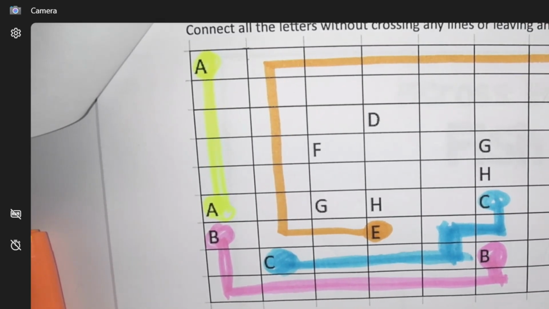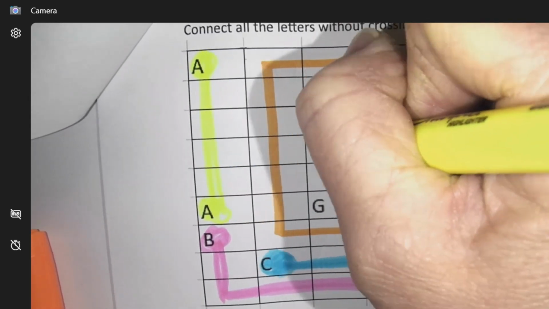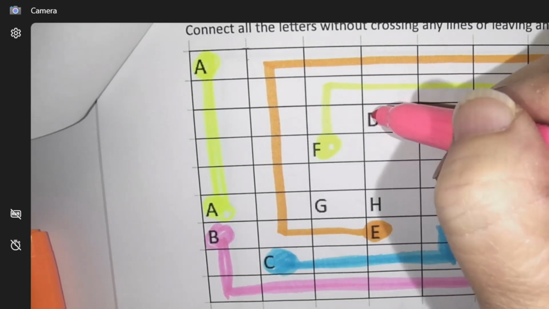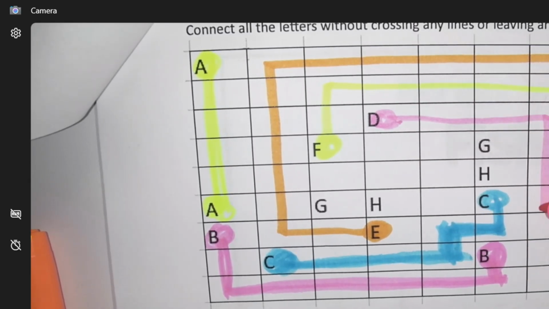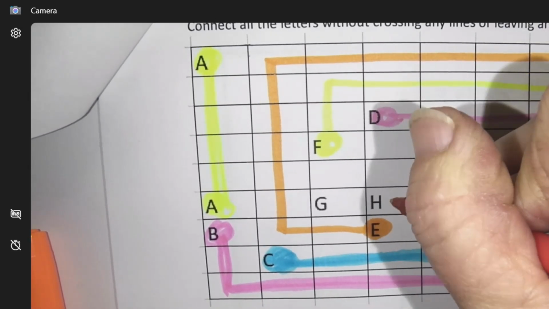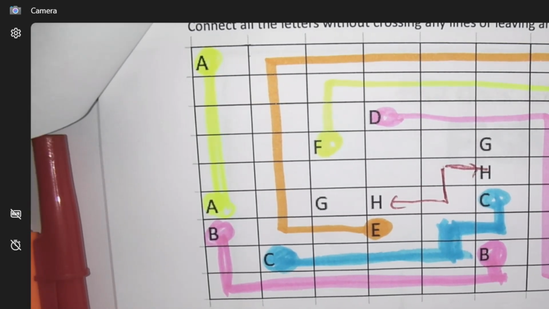I'm also gonna follow around the outskirts so I don't block any paths. I'm gonna do D next. There we go. Can't cut yourself off a path.